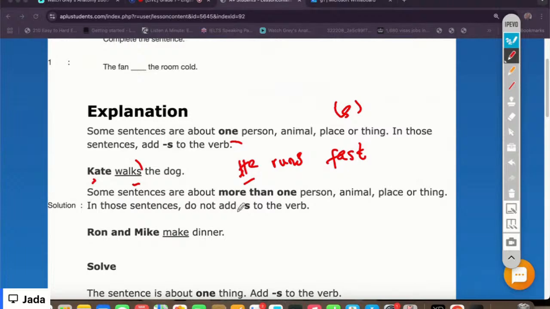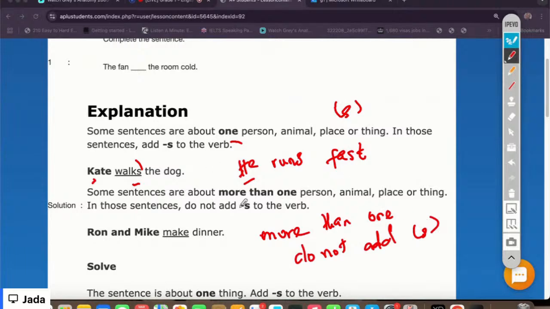Then some sentences are about more than one person, animal, place, or thing. In those sentences, you do not add s. Okay, so you have to take note of that.